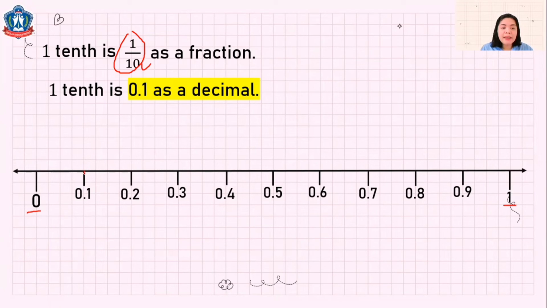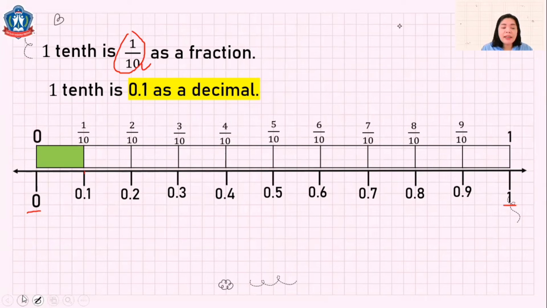So one part is 0.1, the next is 0.2, 0.3, 0.4, 0.5, 0.6, 0.7, 0.8, and 0.9.